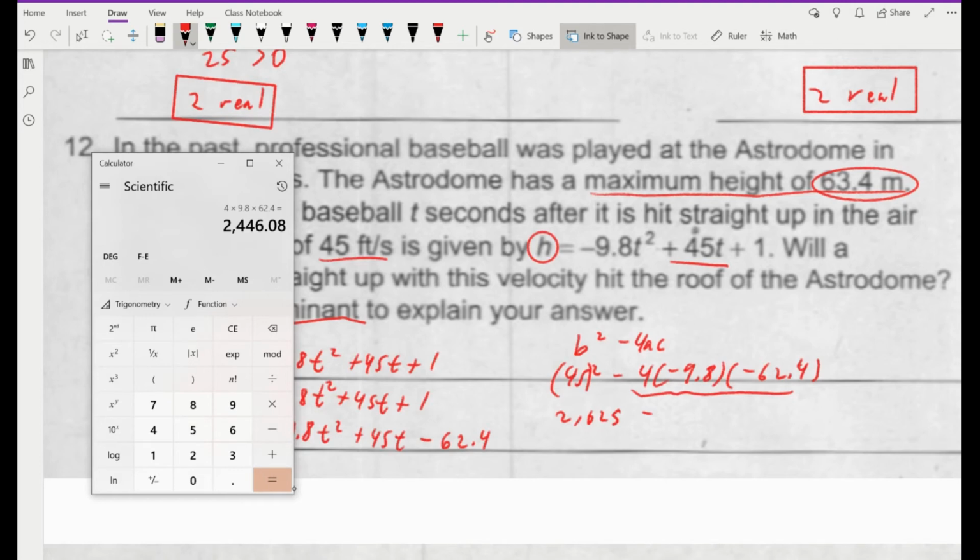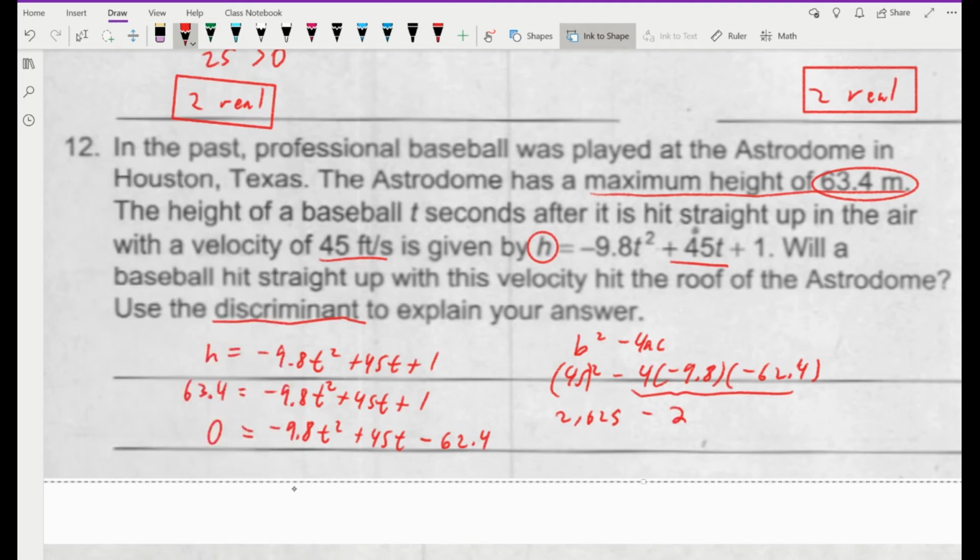Okay, we know we're going to get a negative answer here. It was negative 2,440 something. I know there's a little bit of change there. I lost it once I typed on the screen. I don't remember exactly what it was. But regardless, it's going to be bigger than 2,025. So it's going to be less than 0, which means there's no solution, or 0 solutions.